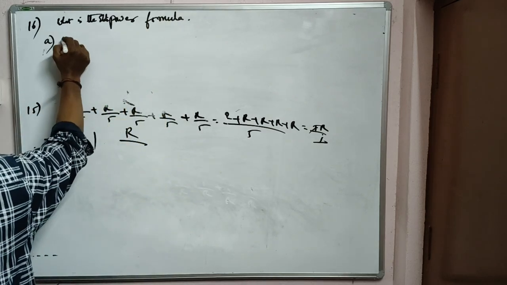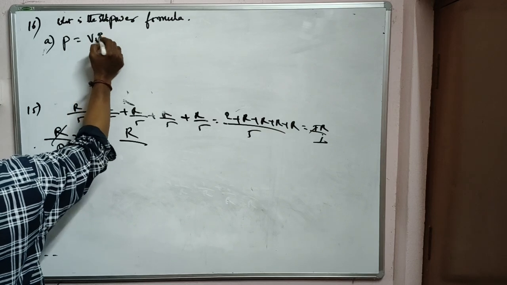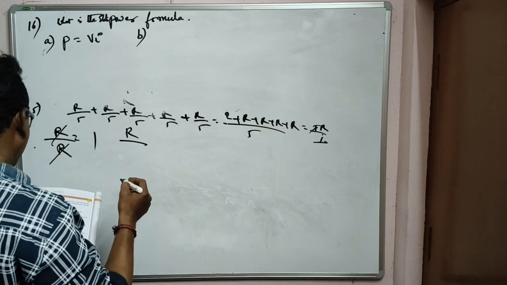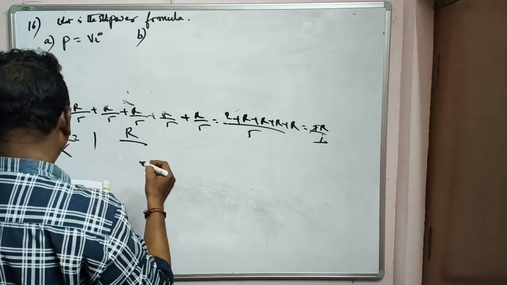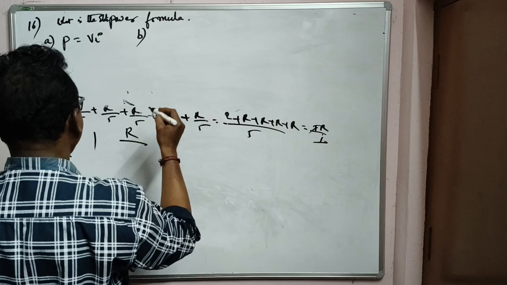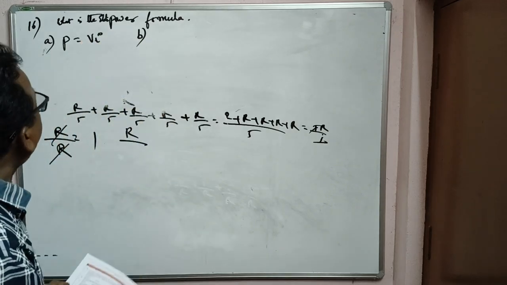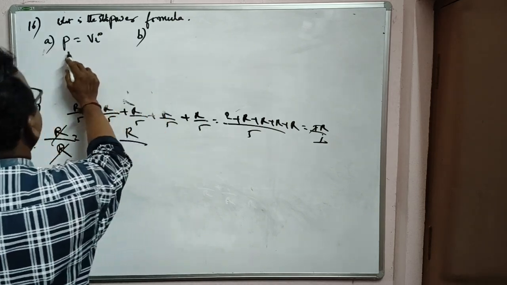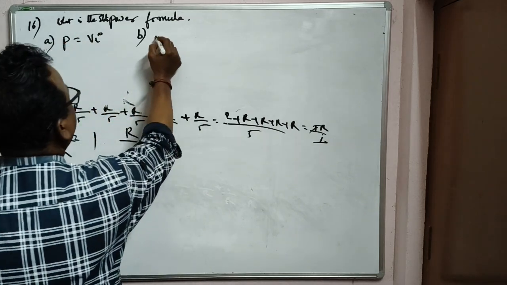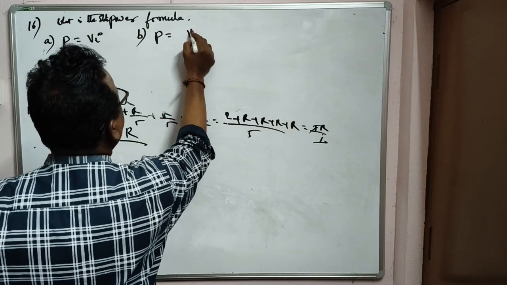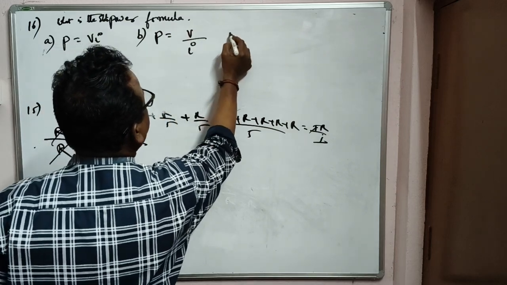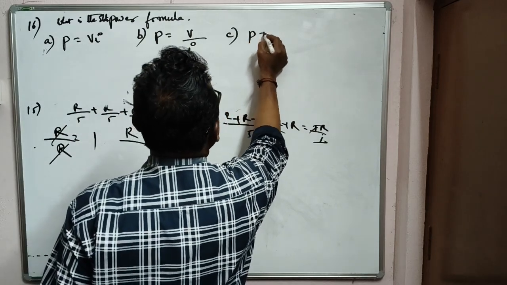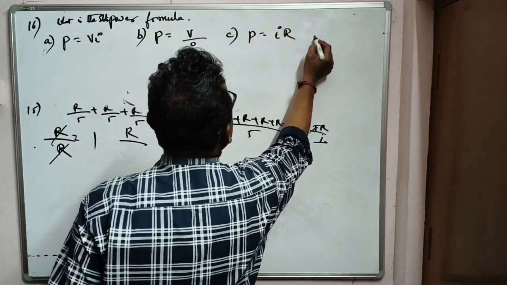A. P is equal to VI. B. P is equal to V by I. C. P is equal to IR.